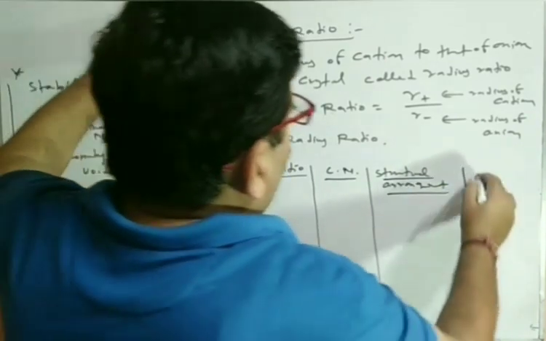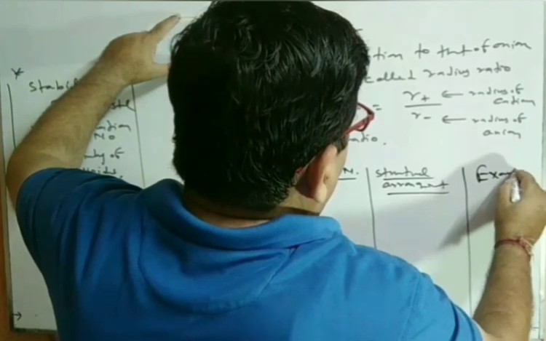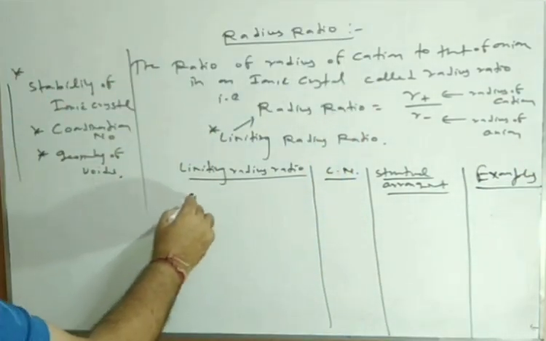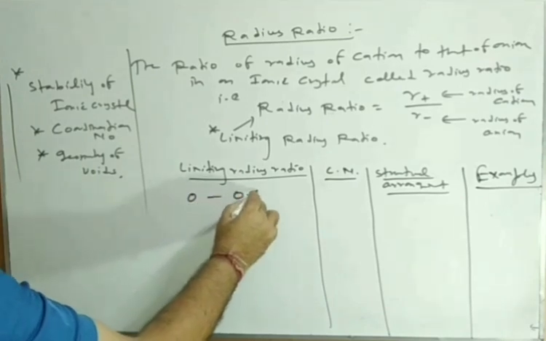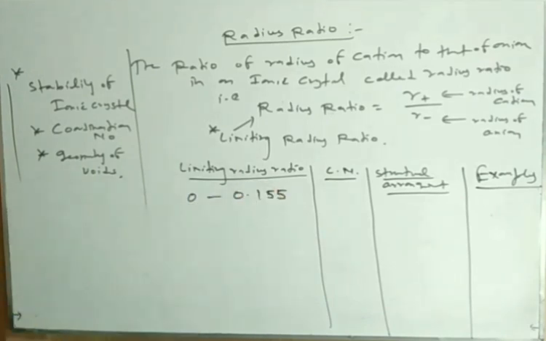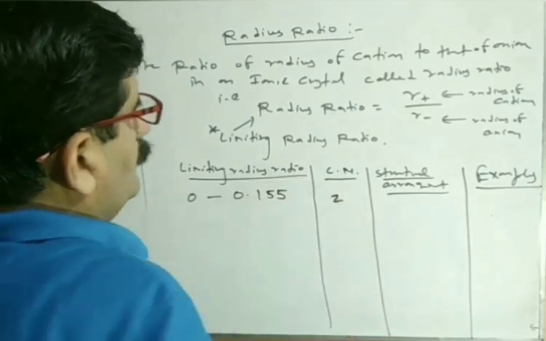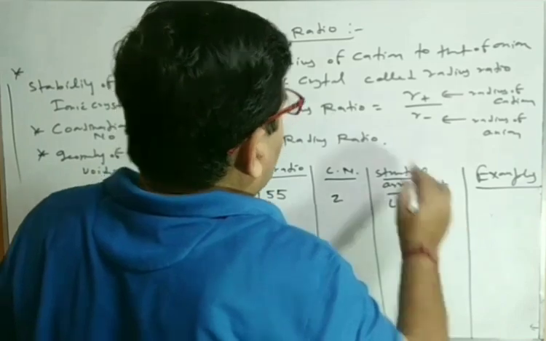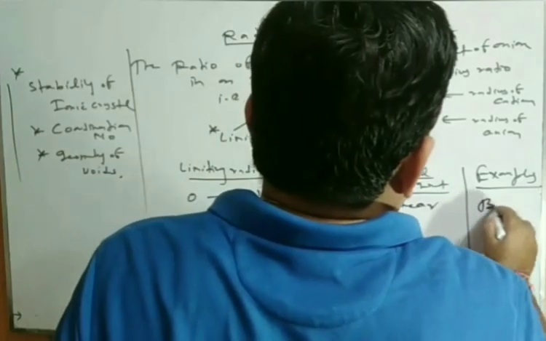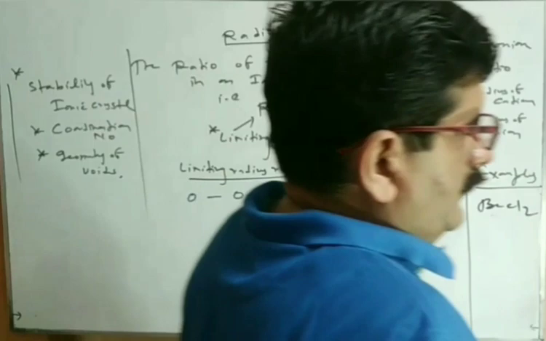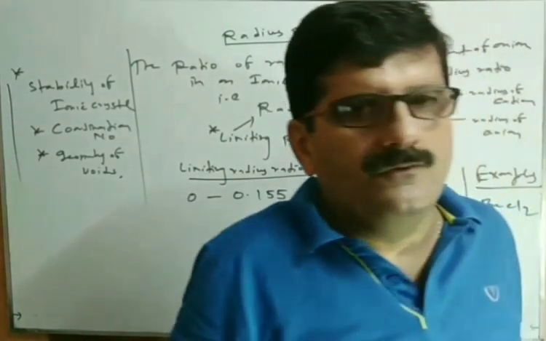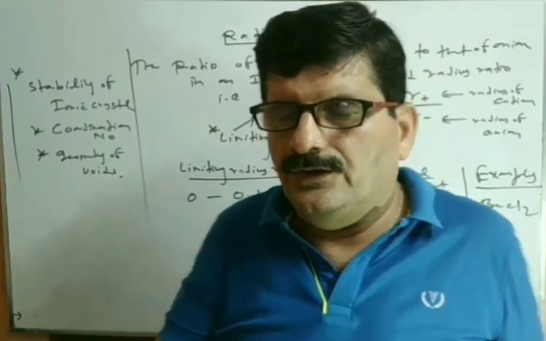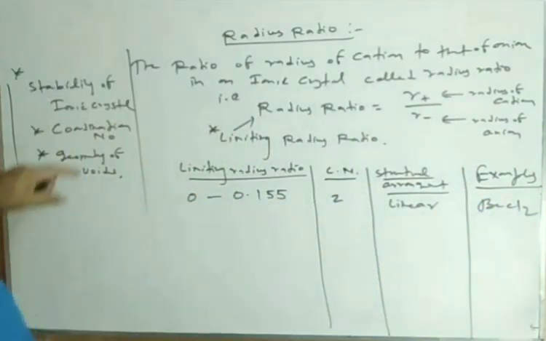And the last one, examples. If the limit lies between 0 to 0.155, our coordination number is equal to 2. Structure means geometry, linear. Example is BeCl2. The geometry of BeCl2 molecule becomes linear. That is, bond angle exactly equal to 180 degrees.